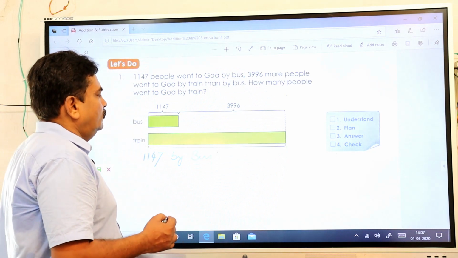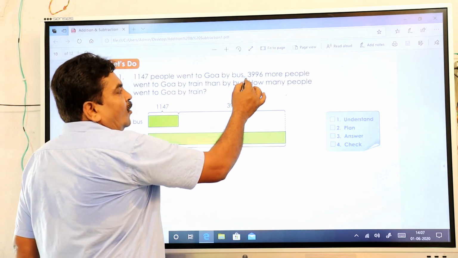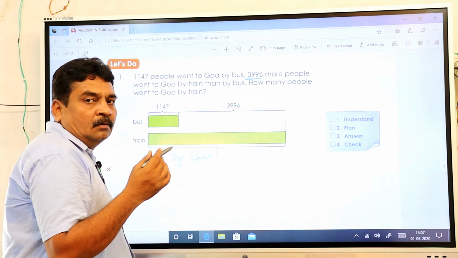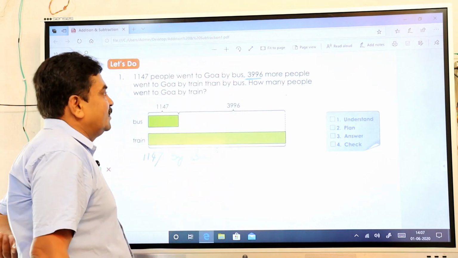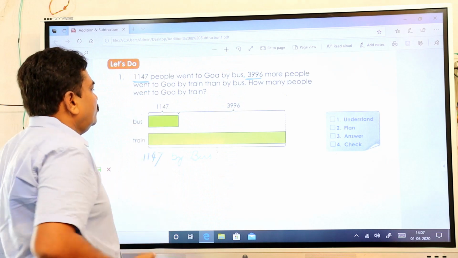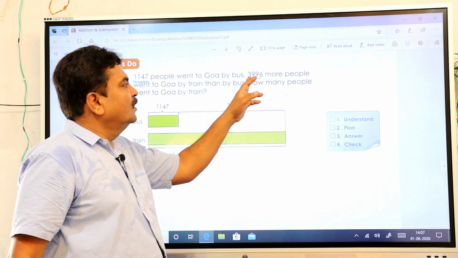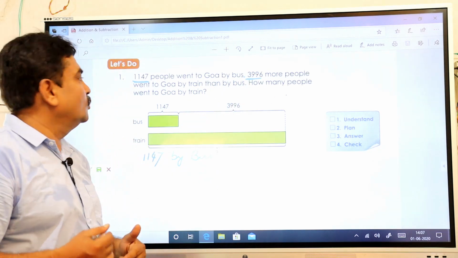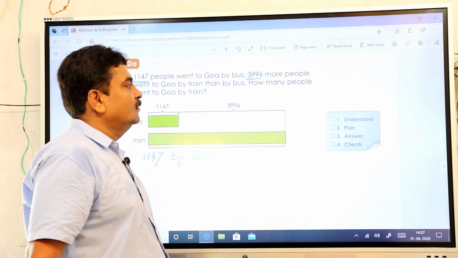So 3,996 more people have gone to Goa by train than by bus. The bus people are this many, and how many train people? 3,996 more than the bus.